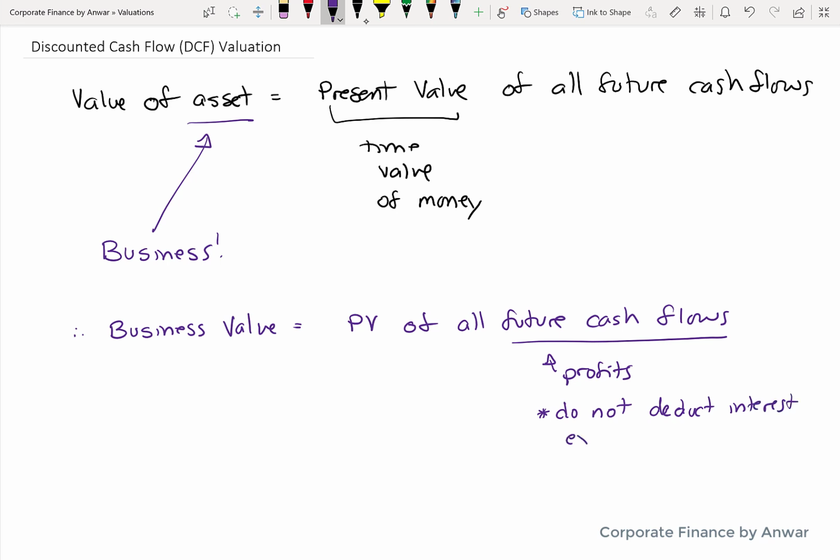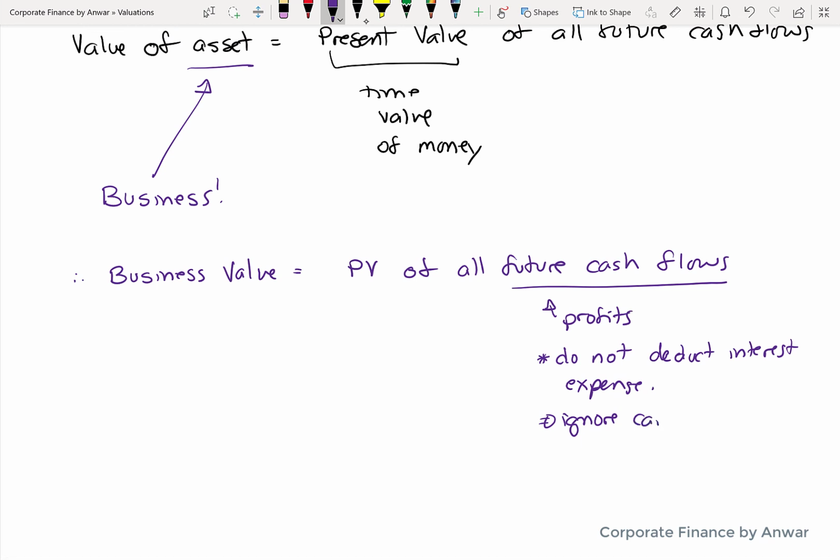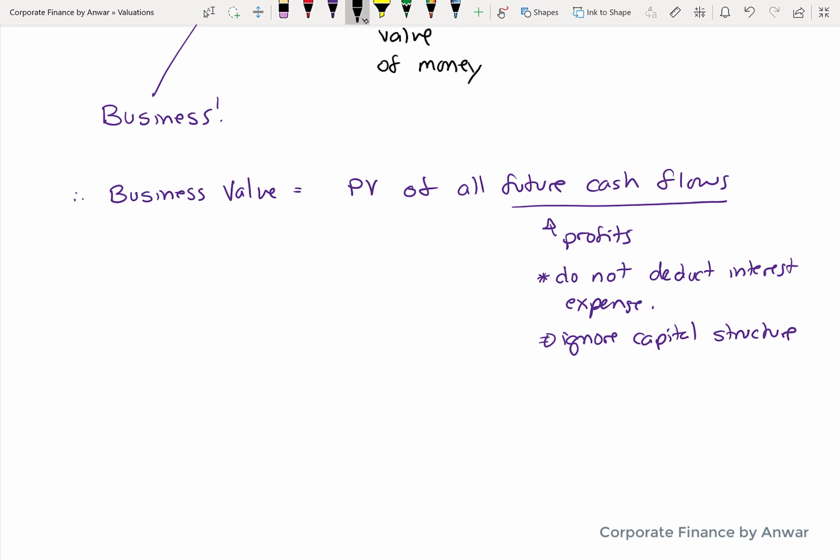One important thing is we ignore capital structure, because it shouldn't make any difference whether the business is financed by debt or equity, because you can adjust that in any way. So you don't deduct interest expense. What you want to say is, what is the amount of profits or cash flow generated from that business total? And then later you can decide whether you want to finance it with some debt or whether you want to keep it all equity.